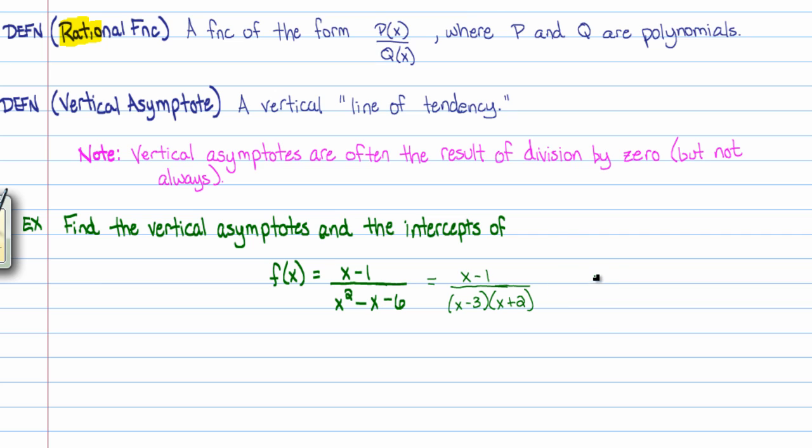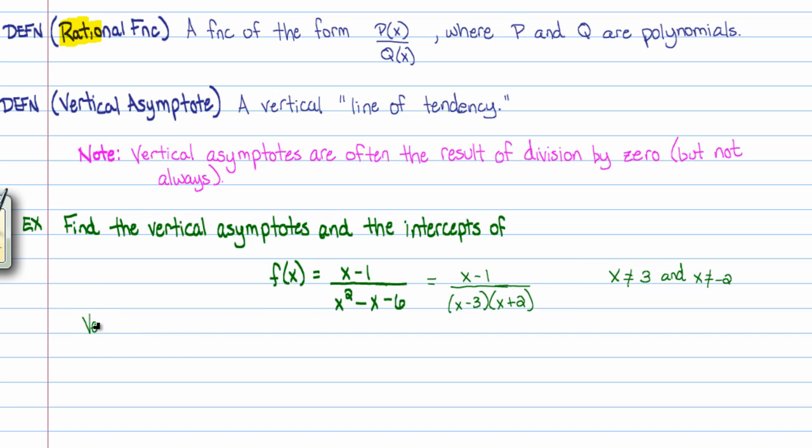Essentially, x cannot equal 3 and x cannot equal negative 2. The reason is that both of those would cause this denominator to be 0. You're essentially solving denominator equals 0.